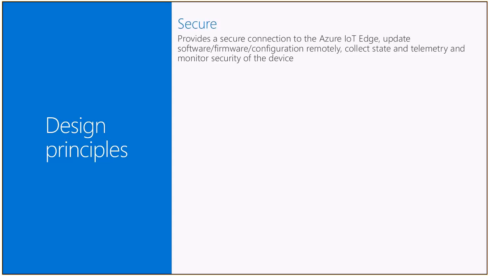The first thing is security. Microsoft has focused on security. For an IoT Edge device, we want to make sure that the connection into the cloud is secure, as well as any firmware updates, software updates, etc., which can happen remotely, and how we collect the telemetry data.